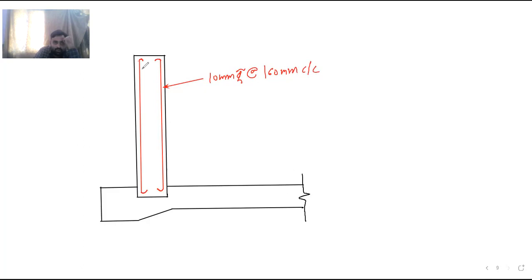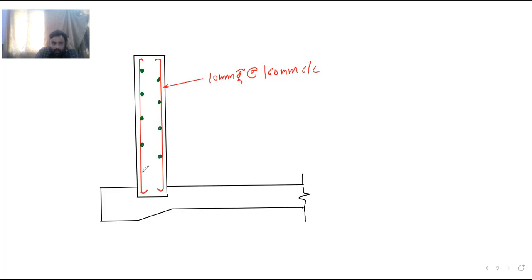Then here the distribution steel is there. So these are your distribution steel bars. We have designed the distribution steel just now.